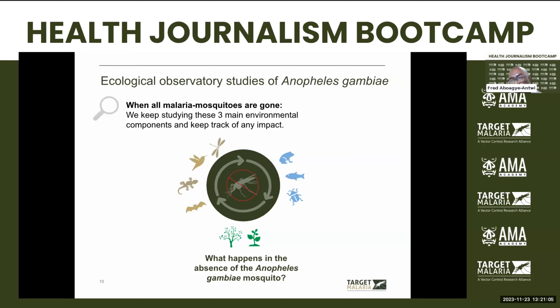Are they going to die out, or will nothing at all happen to them? Will they find alternative sources of food? We pose the same question when we come to the aquatic environment where we have the immature mosquitoes developing. And if they are involved in any pollination at all, what will happen if we significantly reduce the population of the Anopheles gambiae?